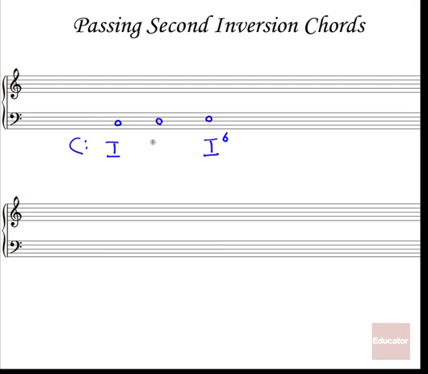Originally we saw that it was a 7 diminished 6 chord, but now that we're using second inversion chords, this can also be a 5/6/4, 6/4 of course being the notation for second inversion chords. So let's look at this progression with a 5/6/4.